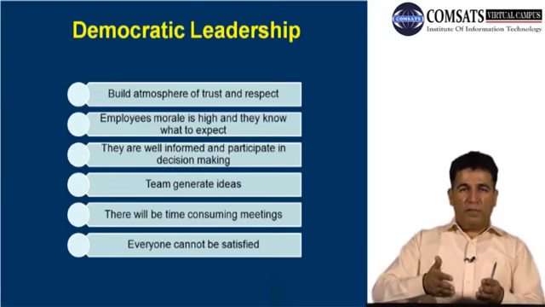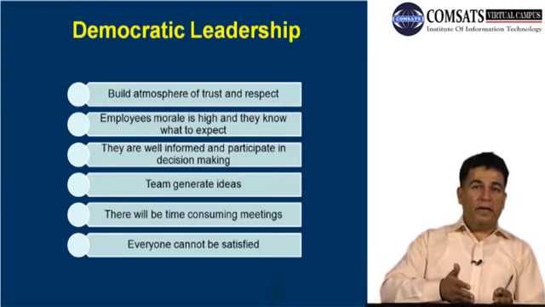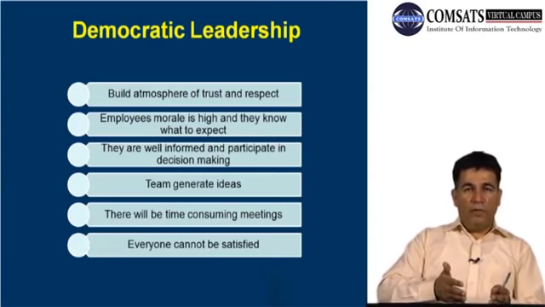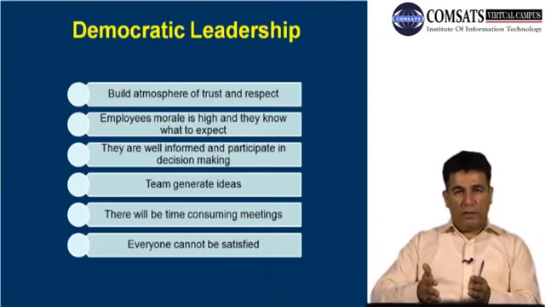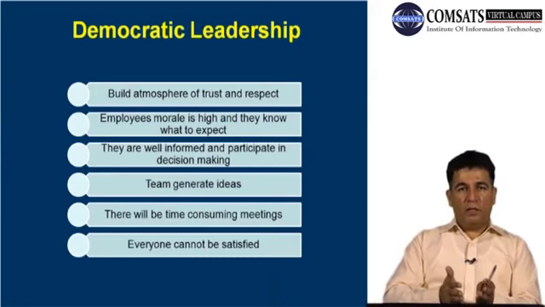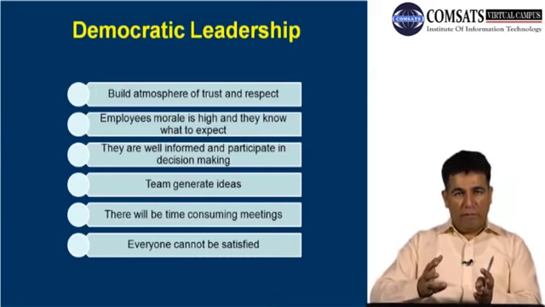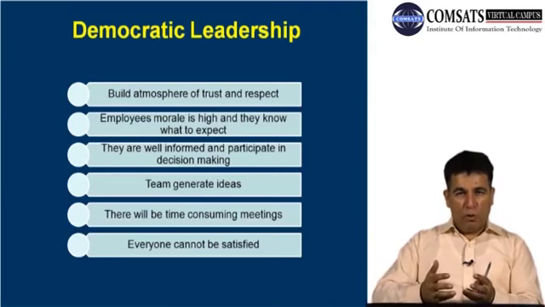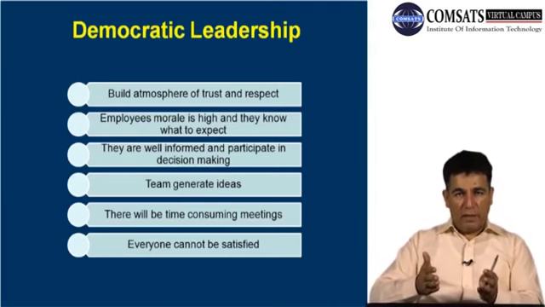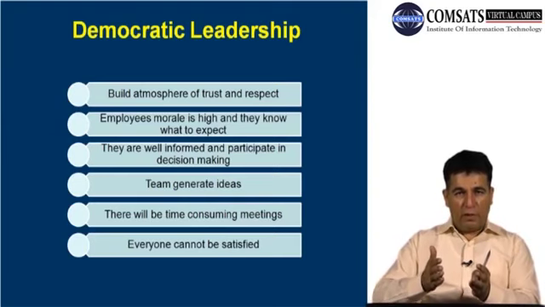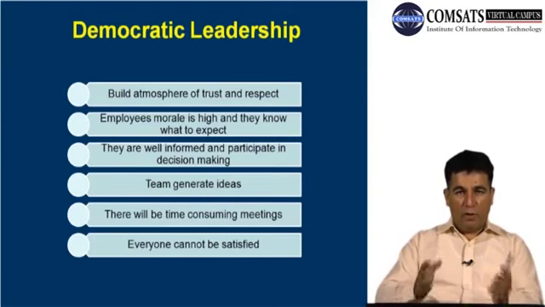When 100% satisfaction is not guaranteed, it means that we need to look at those factors why people are dissatisfied in some situations. So we need to find the root causes, and we need to address those root causes. In this way we can manage this dissatisfaction factor of our employees in an organization.